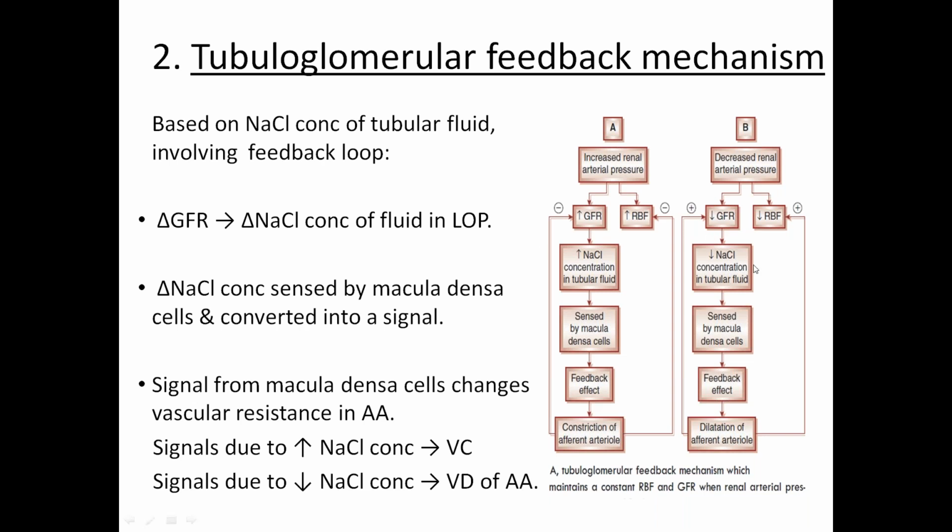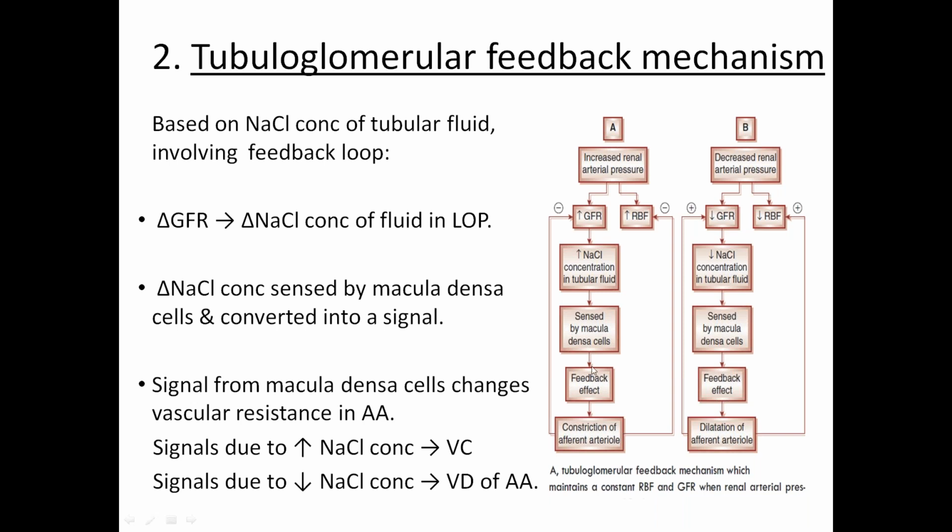So just have a look at this diagram. Here you have the increased renal arterial pressure. So as we talked earlier, the GFR and the renal blood flow are expected to rise. Now there is increased sodium chloride concentration in the tubular fluid. This is sensed by the macula densa cells, the chemoreceptor cells of the JG apparatus.